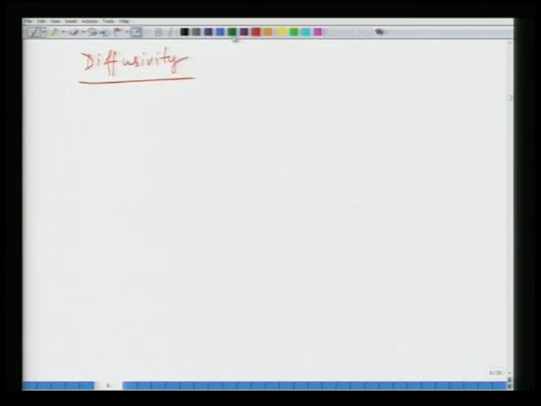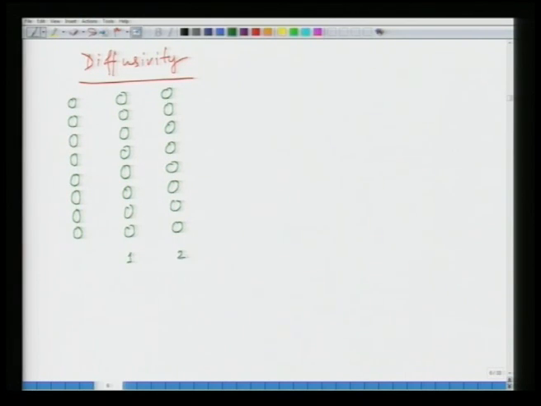Okay. Now, the scenario is like this: you have these planes of atoms. Let us say this is plane 1, this is plane 2, and I have deliberately not listed the next plane, but you can make this 1, 2 and 3 and so on.